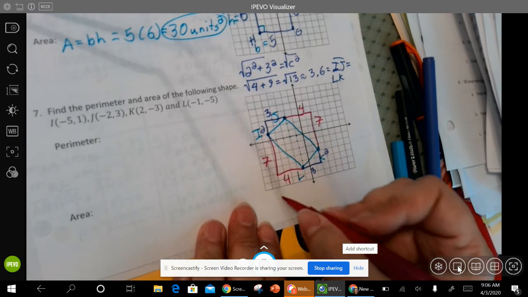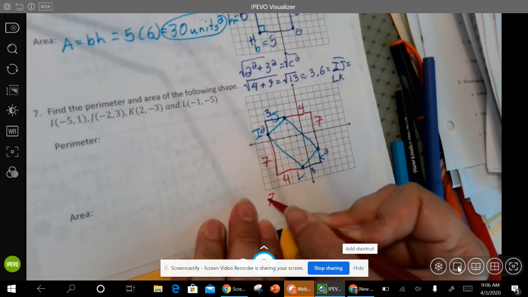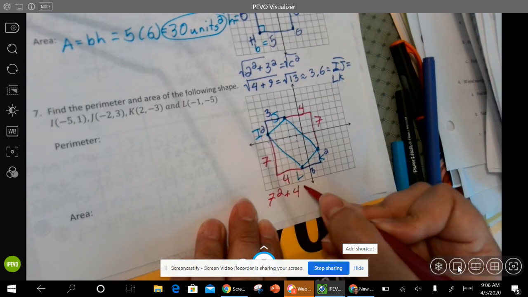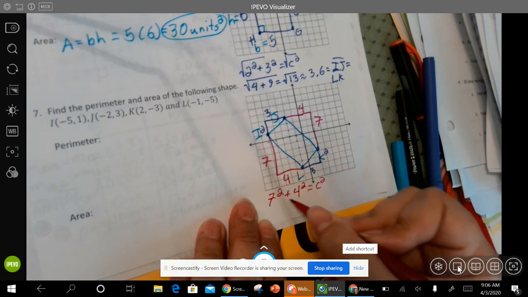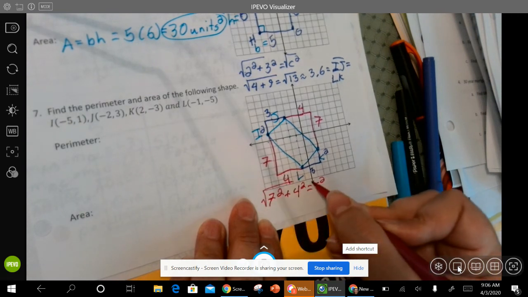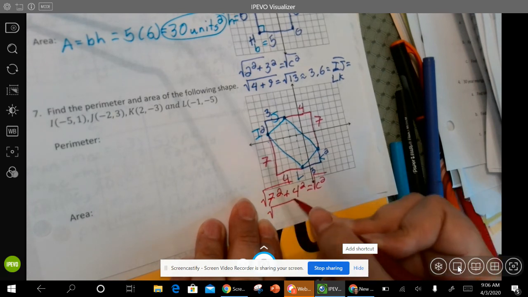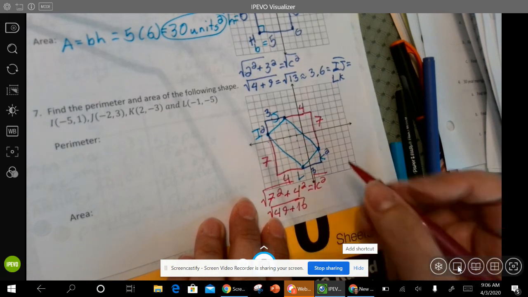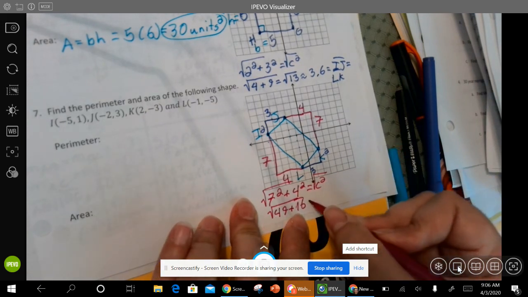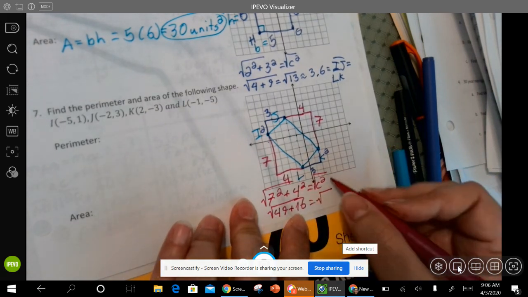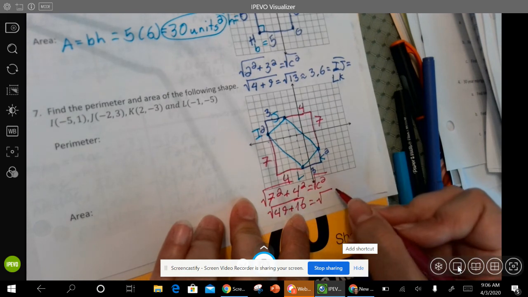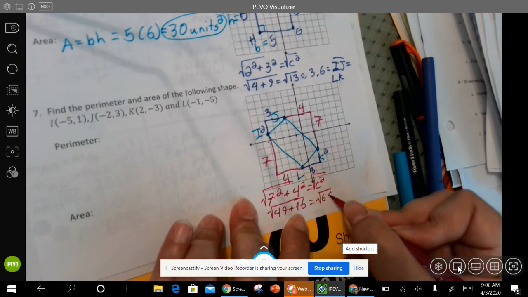So this one's going to be 7 squared plus 4 squared. And then we take the square root, everybody. Got to get to the root of the problem. So 49 plus 16 is 65.